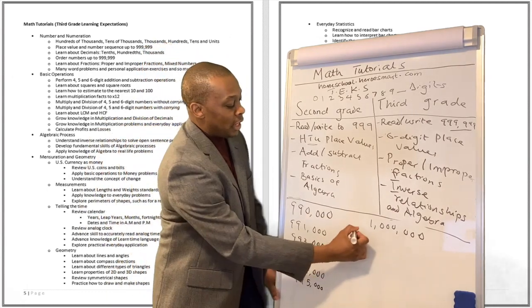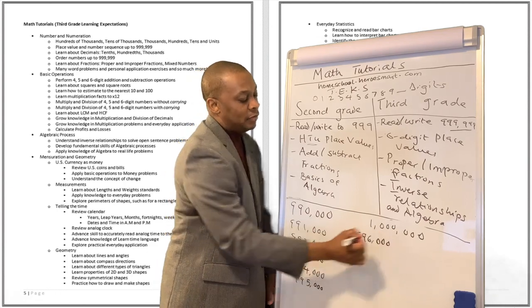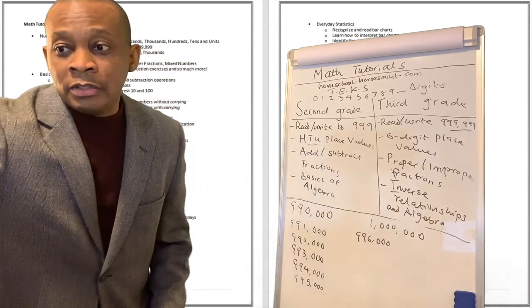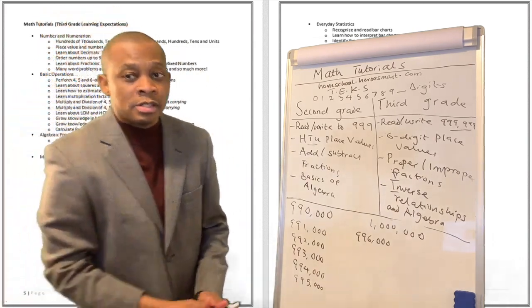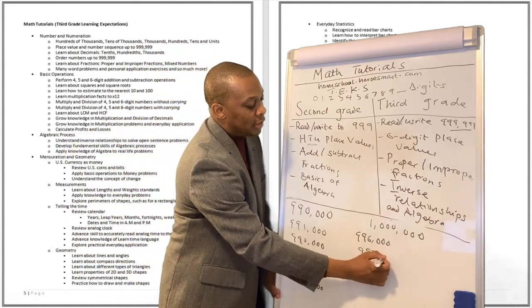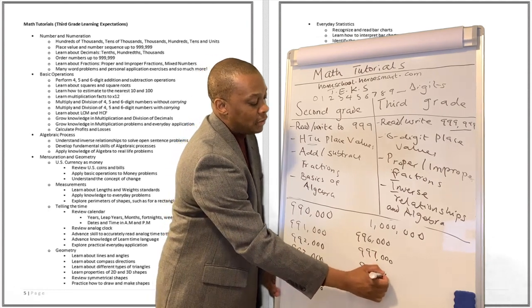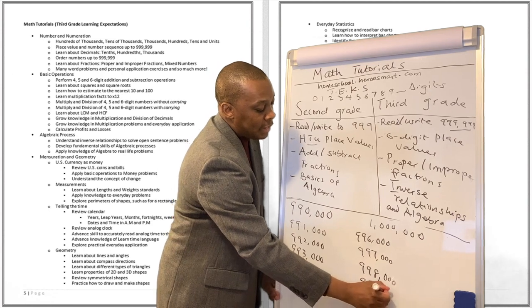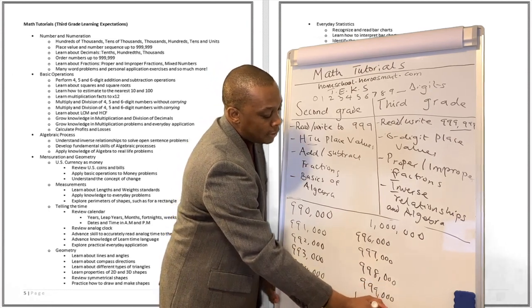Then 996,000. 997,000. 998,000. 999,000. And then 1 million.